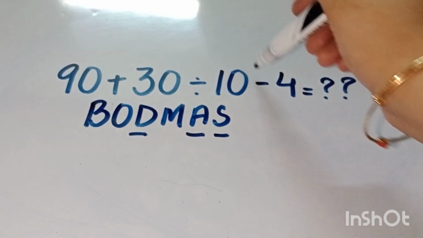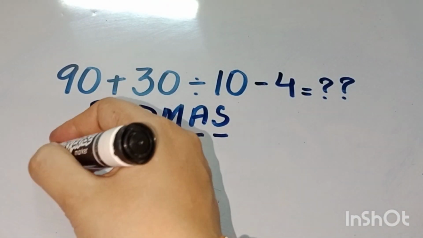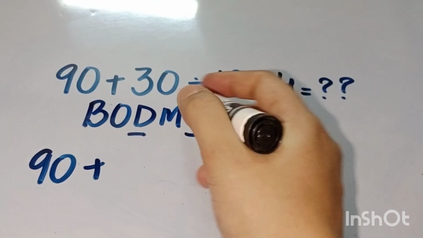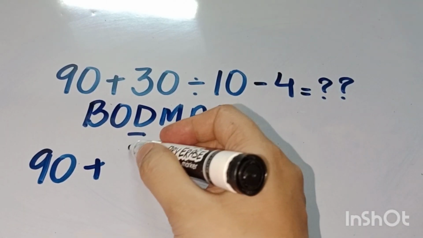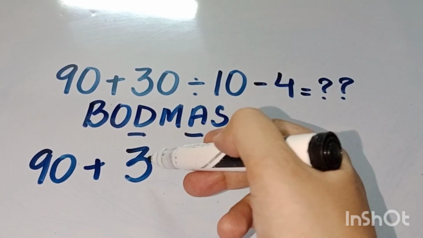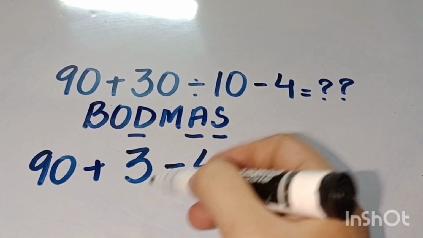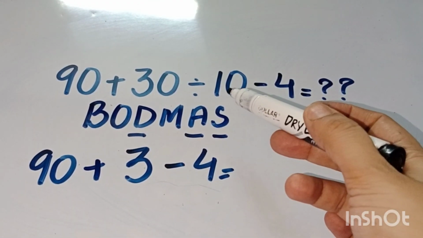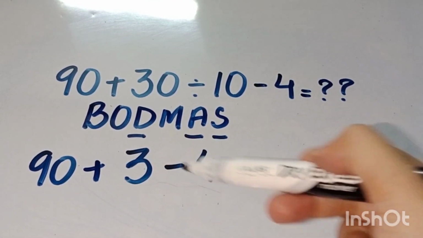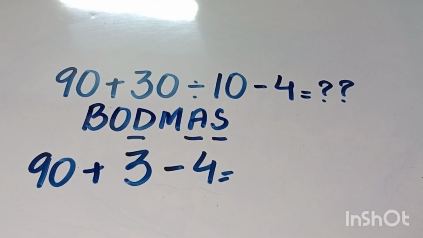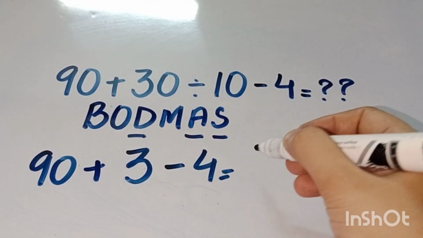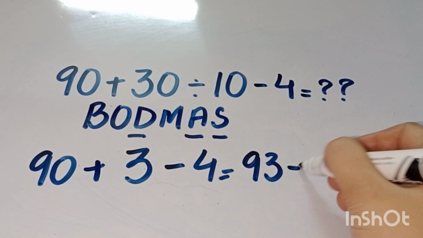Firstly, we will divide these two numbers. 90 plus, when we divide 30 by 10, it will become 3 because 10 times 3 equals 30, minus 4. 90 plus 3. According to BODMAS rule, I have to add these two numbers first, then I will subtract the answer from the output. 90 plus 3 equals 93 minus 4.